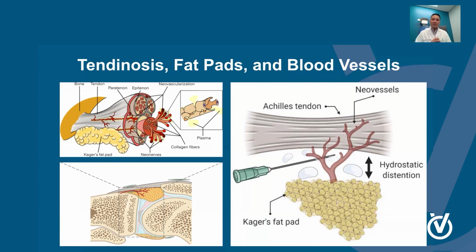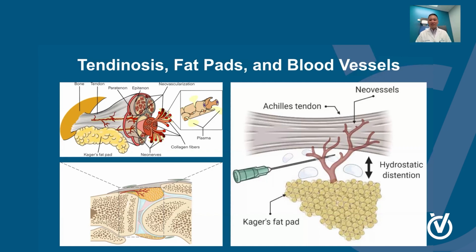But the problem is those blood vessels that come from that fat pad are usually abnormal. They're often leaky, they often are disorganized, and they often bring in abnormal nerves as well into the tendon and kind of invade that tendon, kind of weakening that tendon and actually adding to the degenerative tendinosis as opposed to helping. So you can see here in this picture some examples of what a nearby fat pad may do.